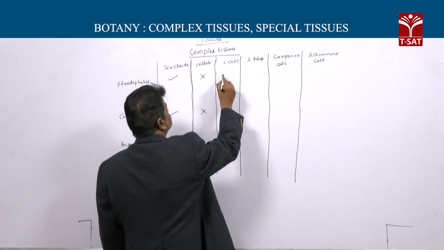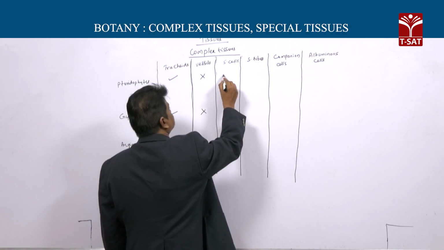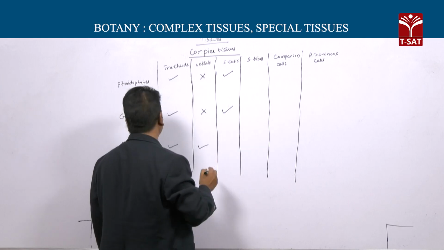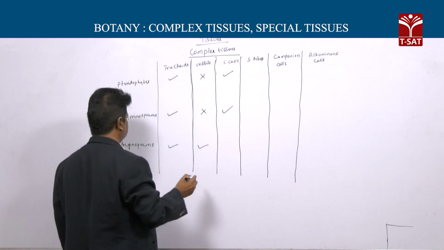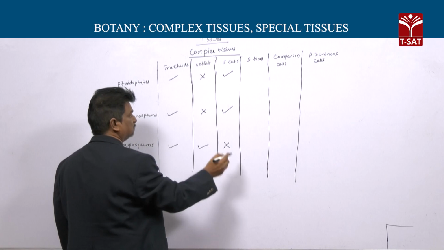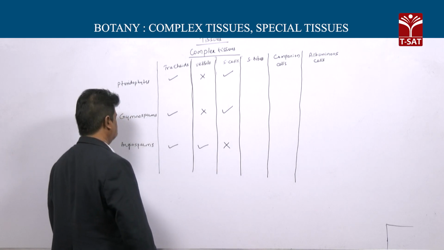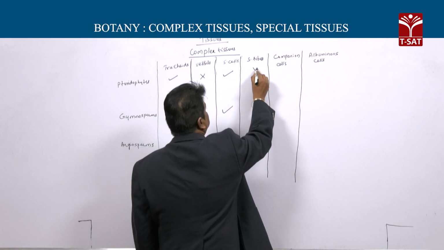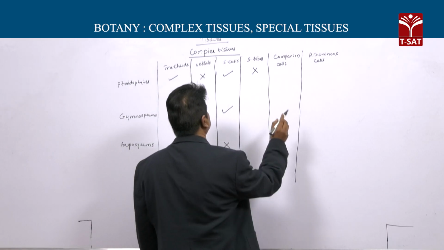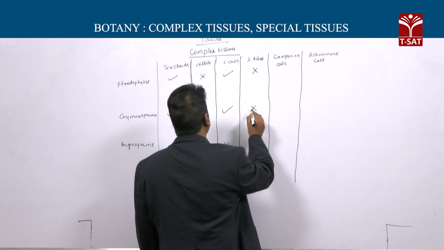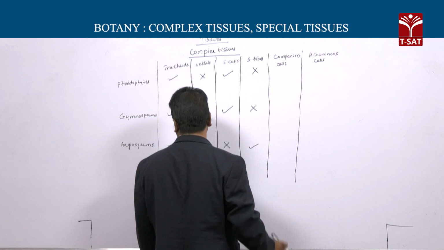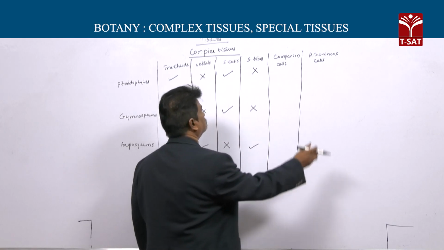Next one, sieve cells are present in pteridophytes, present in gymnosperms, but absent in angiosperms. Sieve tubes are absent in pteridophytes, absent in gymnosperms, but present in angiosperms.